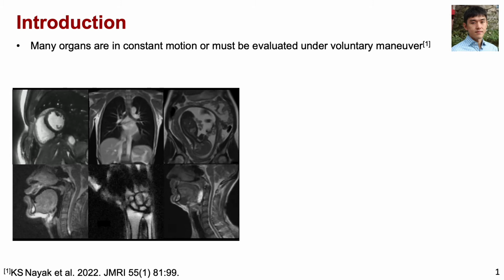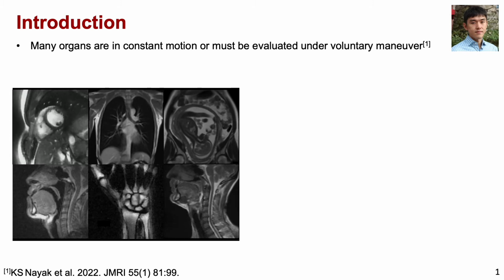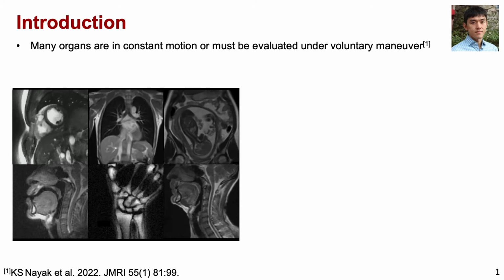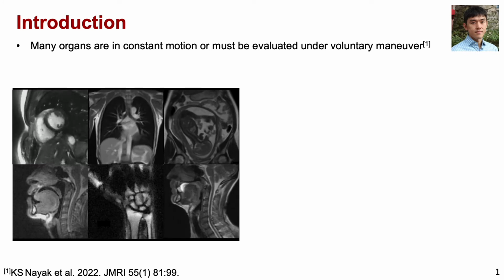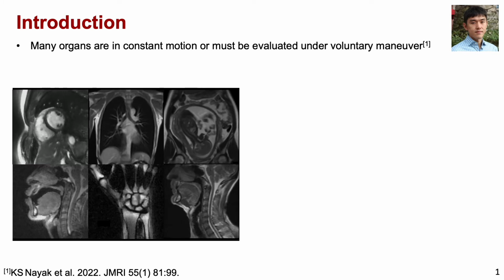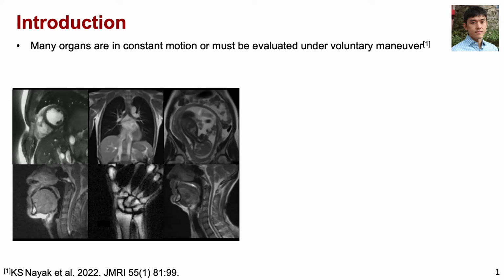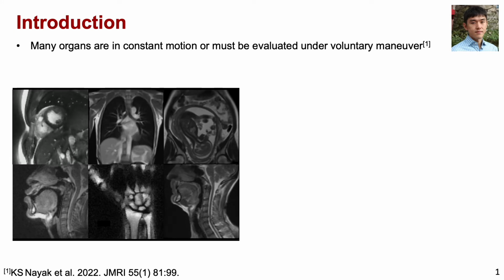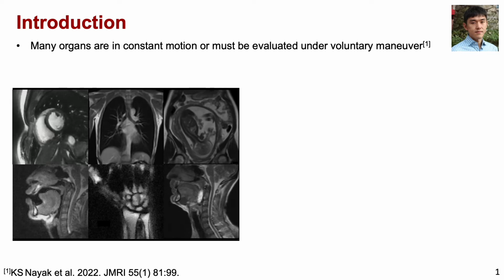A lot of these movements are not repeatable, so the traditional way of doing segmented acquisition is not possible. This is also where real-time MRI plays a very important role in evaluating these organs.